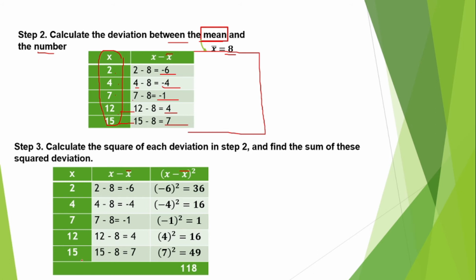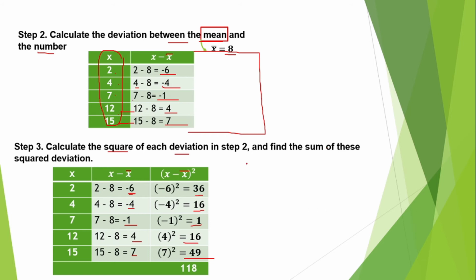This is our step 2, where we get the difference between the mean and the number. And in step 3, we need to square each deviation in step 2. So, we have negative 6, squared we have 36. Negative 4 squared, 16. Negative 1 squared, 1. 4, we have 16. And 7, we have 49.